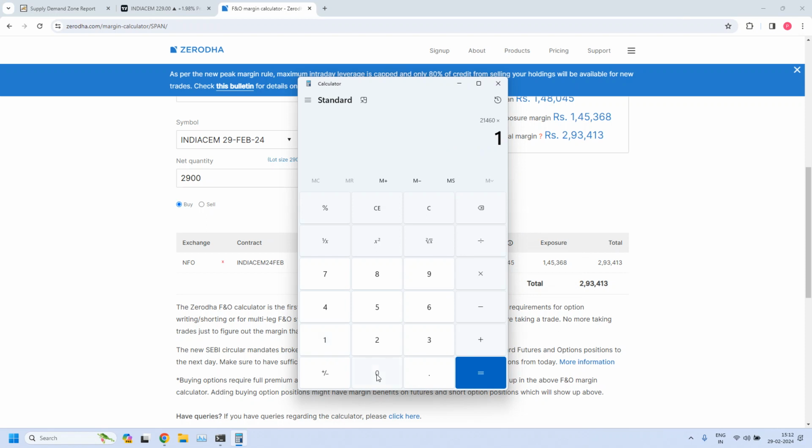So ROI: into 100 divided by 2,93,413. This is 7.3%. Still, Nifty Bank has given more return. That is 8.1 ROI. Their investment is also less.